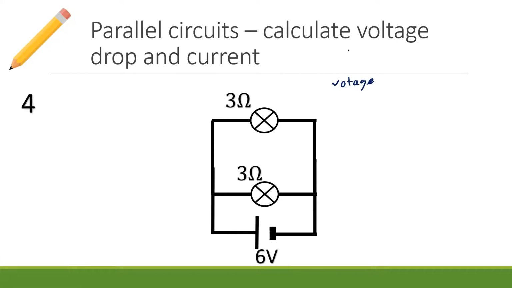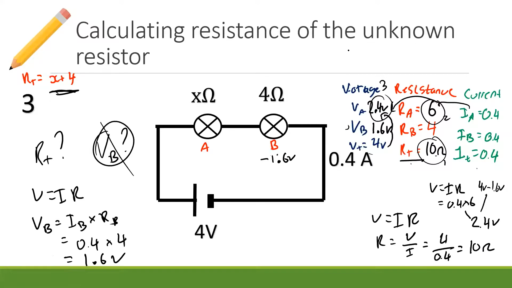Now, remember, in a series circuit, my opinion is current's the easiest one to do. The reason that I think current is the easiest one to do is because there is only one type of current.